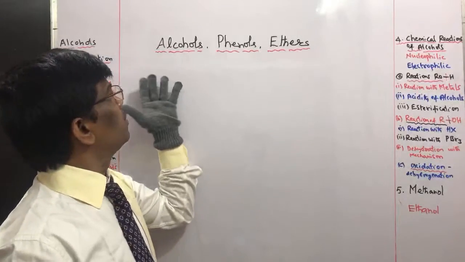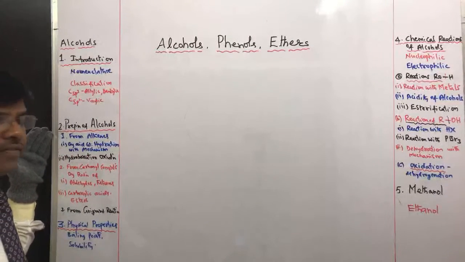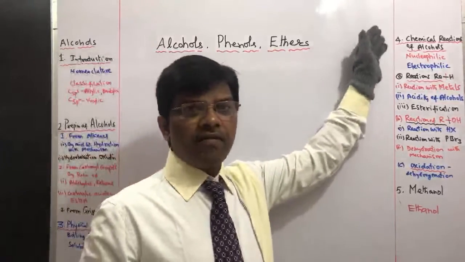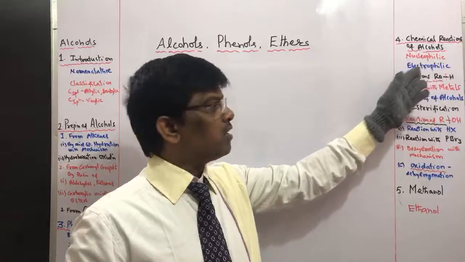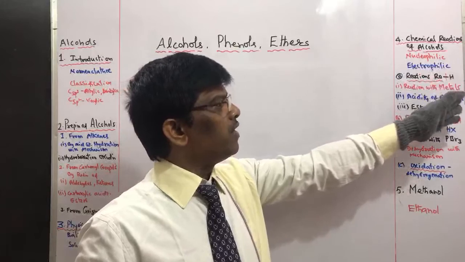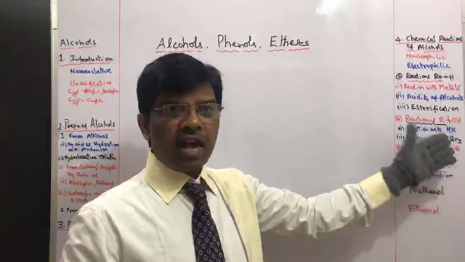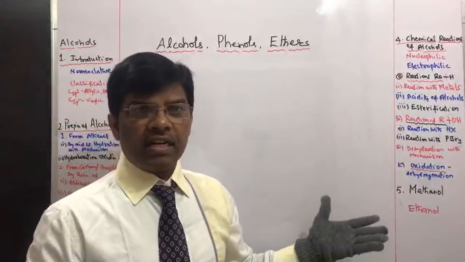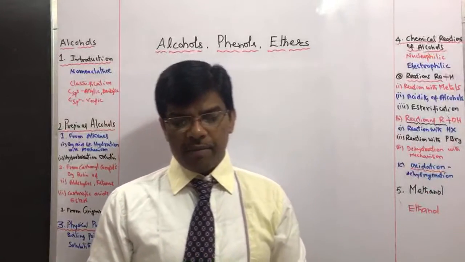Today we are going to learn in detail about alcohols: their introduction, nomenclature, classification, preparation of alcohols, physical properties and chemical reactions of alcohols, including the nucleophilic action and electrophilic action of alcohols, where reaction with metals, acidity of alcohols, esterification, reaction with hydrogen halide, PBr3, and dehydration mechanism, oxidation and mechanisms, and the importance of methanol and ethanol in organic chemistry.